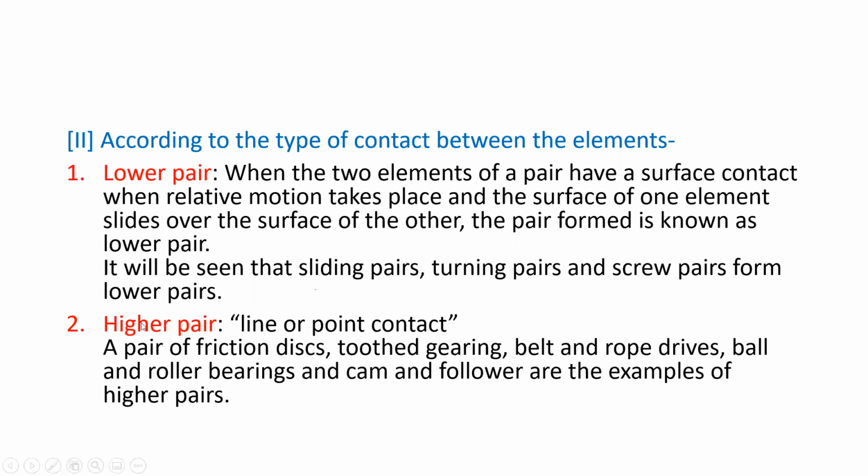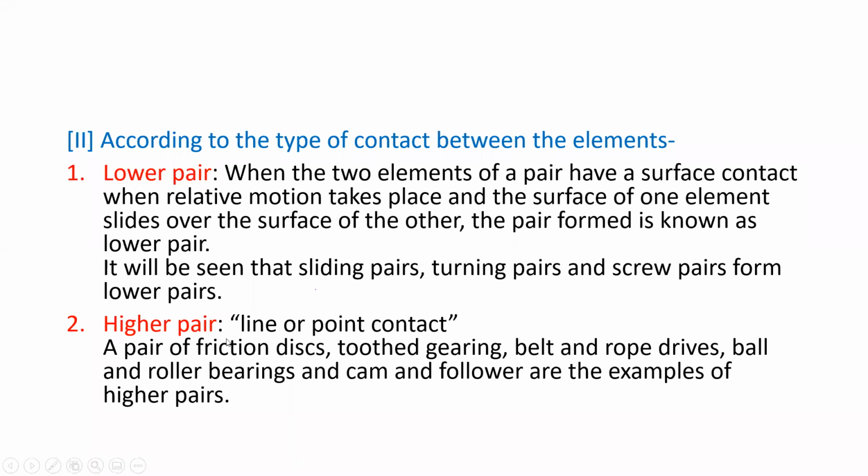Next, higher pair. Accordingly, we can define it. In lower pair, there is surface contact between two elements. In higher pair, there is line or point contact. At a very small area, these two elements have contact with each other, and through that small contact they communicate with each other.